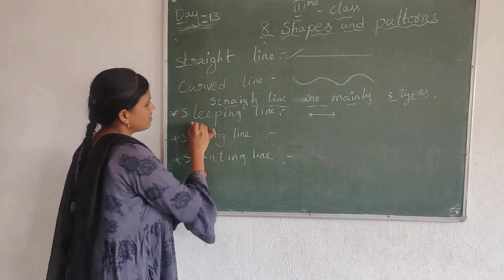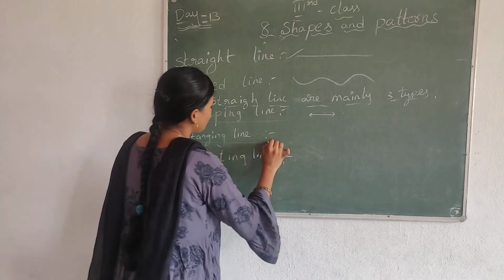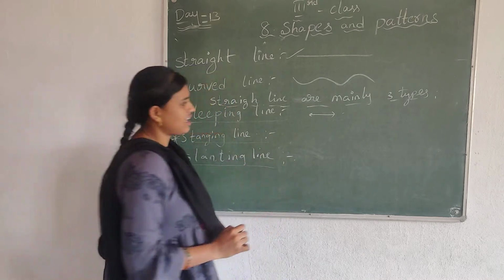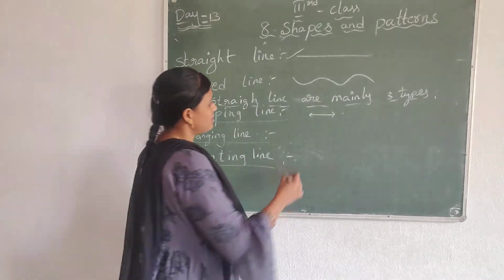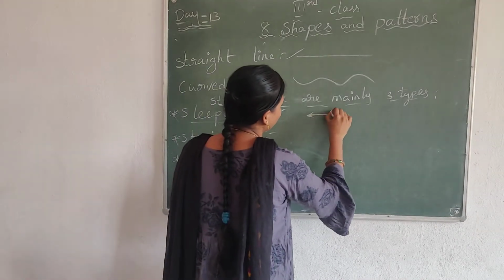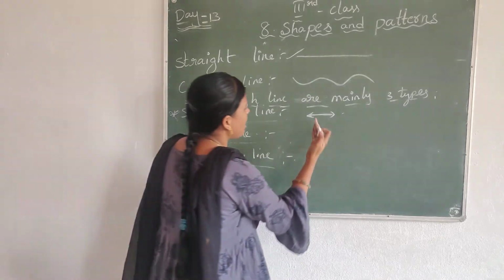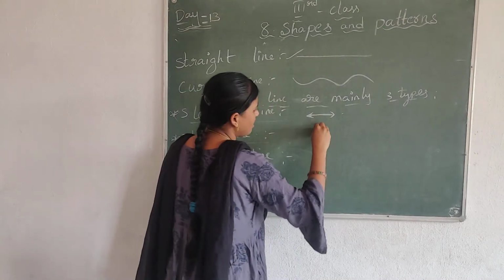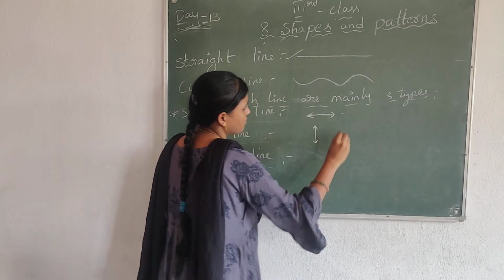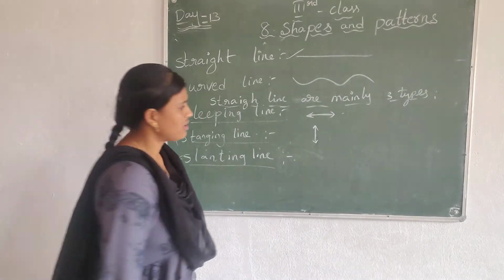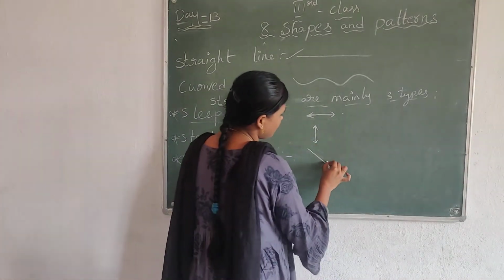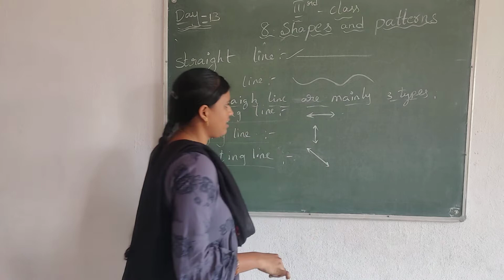What are the types? Sleeping line, standing line, slanting line. Sleeping line looks like this. The standing line stands like this. This is the standing line. This is the slanting line.